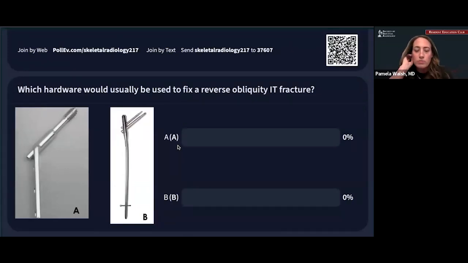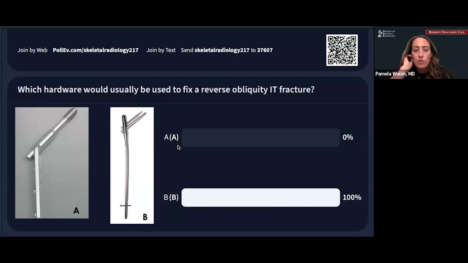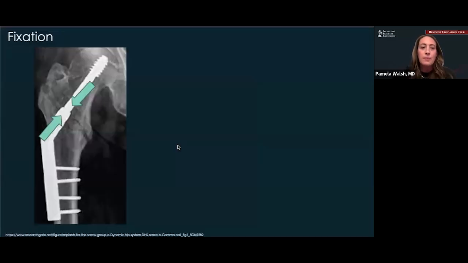What kind of hardware do you think the surgeons will use? Okay, excellent. So they're going to use an intramedullary rod because these reverse oblique fractures are unstable. And let's take a look at why. So when they opt to fix with the dynamic hip screw, here's a conventional trochanteric fracture.